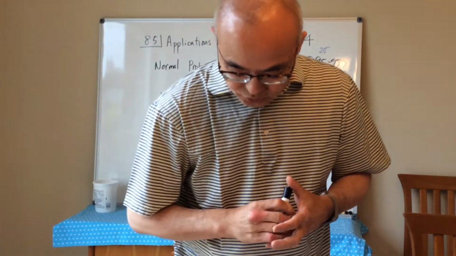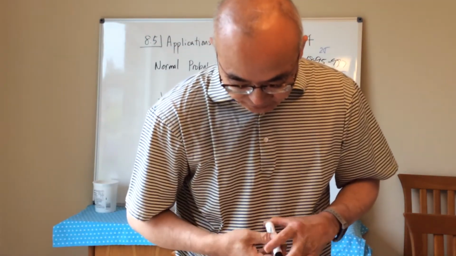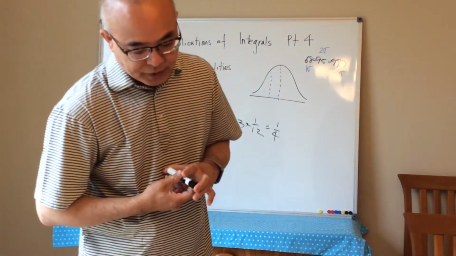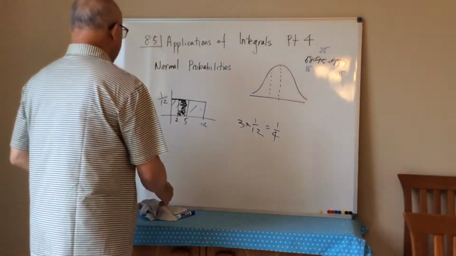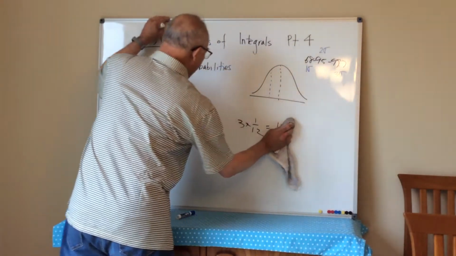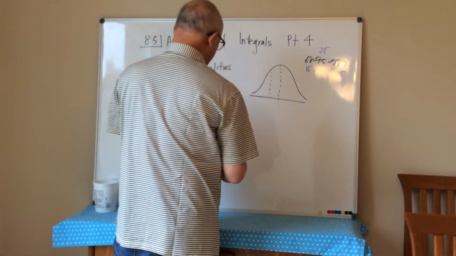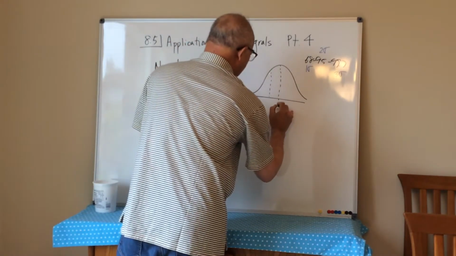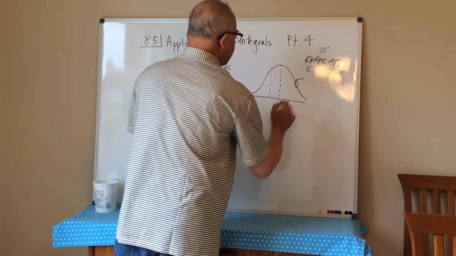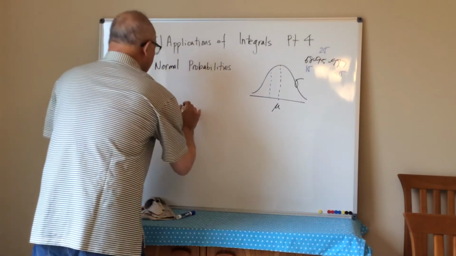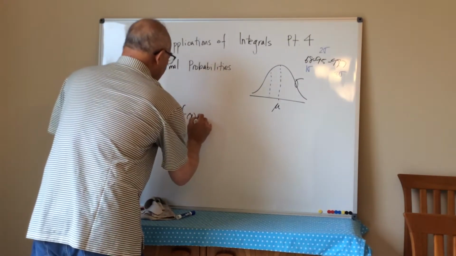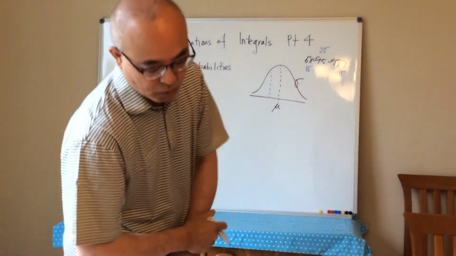So let's go to the next definition, which is the normal probability distribution function. Now, if this is a standard distribution with a mean of mu and a standard deviation of sigma, we're going to give you an actual definition of a normal distribution.